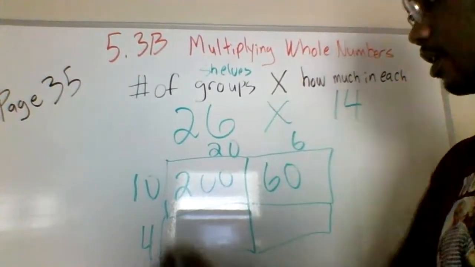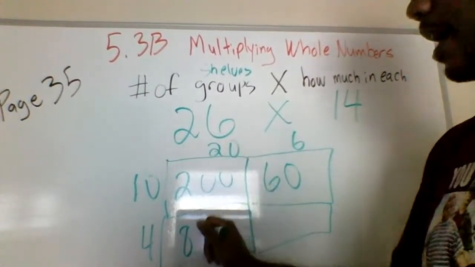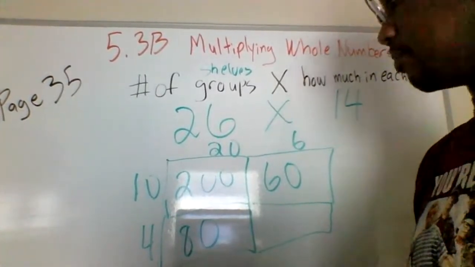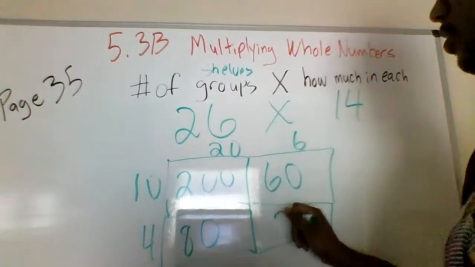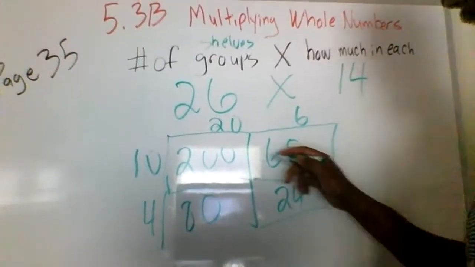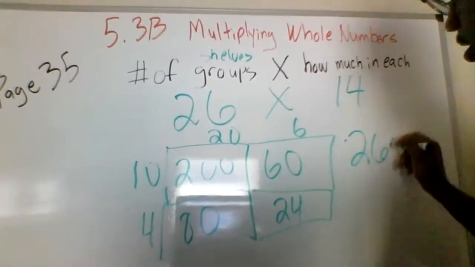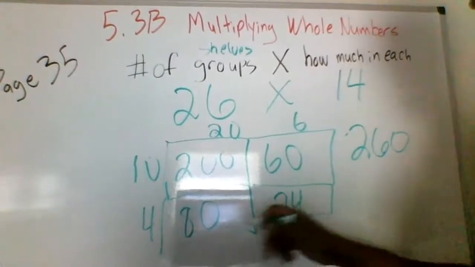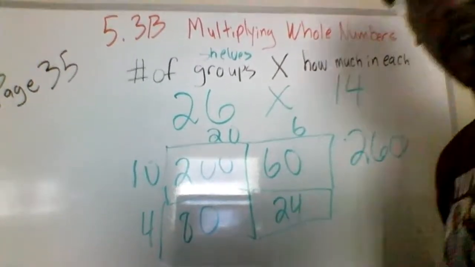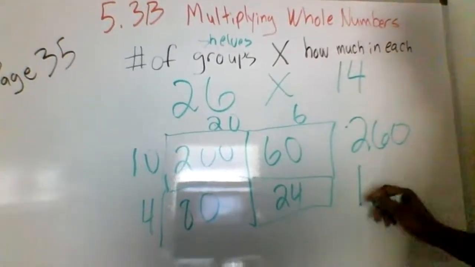That's 60. 4 times 2 is 8 with 1 zero behind it. That's 800. I mean, that's 80. I'm sorry. And 4 times 6 is 24. All right? So if I add them up, 200 plus 60 is 260. 80 plus 24, well, 80 plus 20 is 100. Plus 4 more is 104.